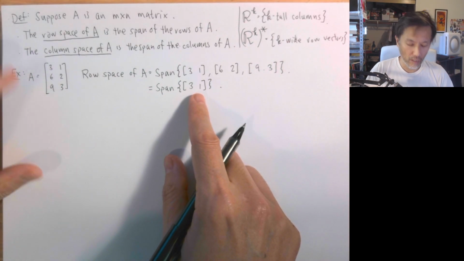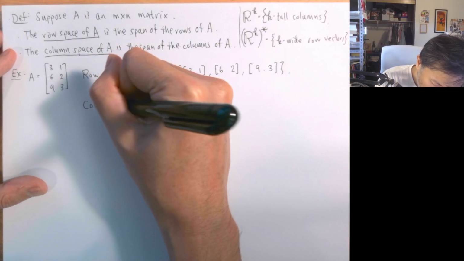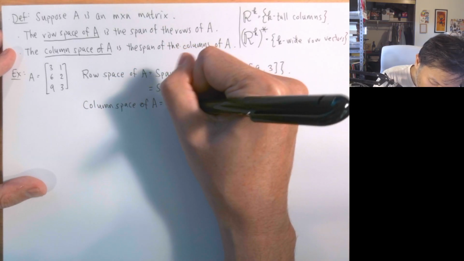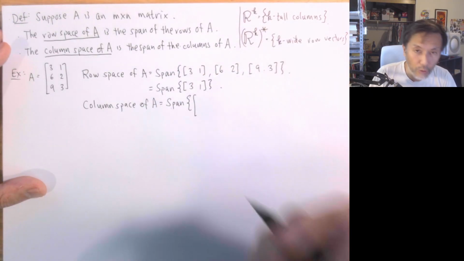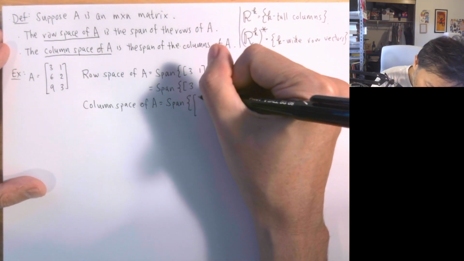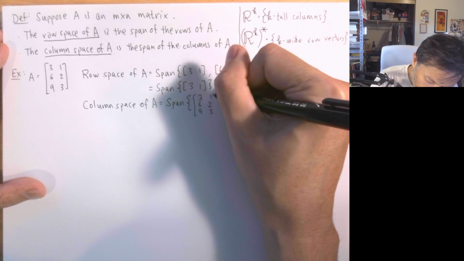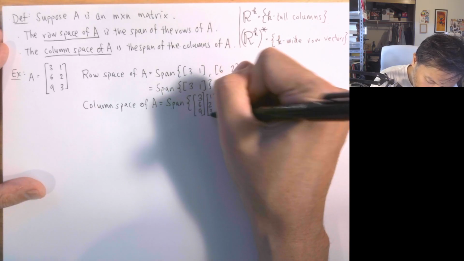Now what does the column space look like? This is the span of two vectors that are three-tall column vectors: 3, 6, 9, and 1, 2, 3.